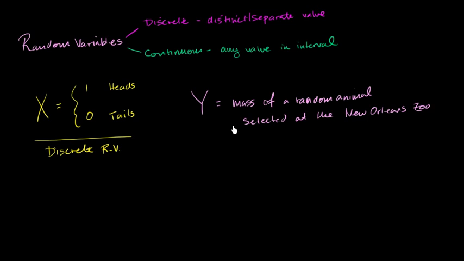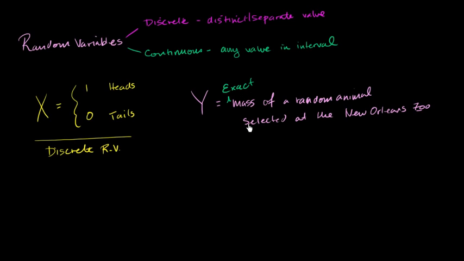The Audubon Zoo. Y is the mass of a random animal selected at the New Orleans Zoo. Is this a discrete random variable or a continuous random variable? Well, the exact mass, and I should probably put that qualifier here. I'll even add it here just to make it really, really clear.